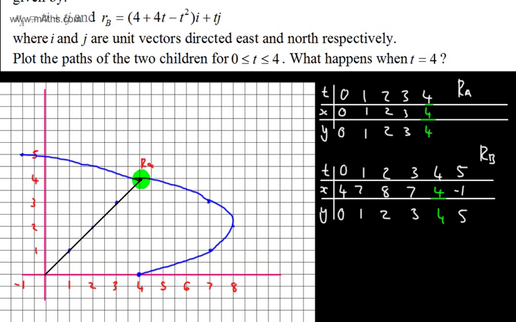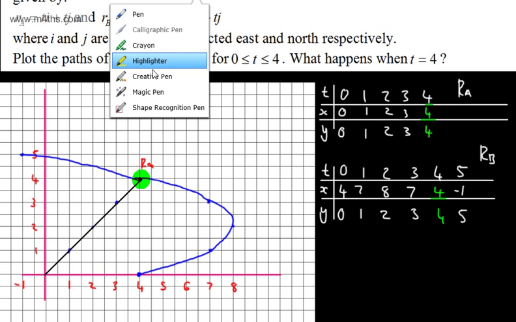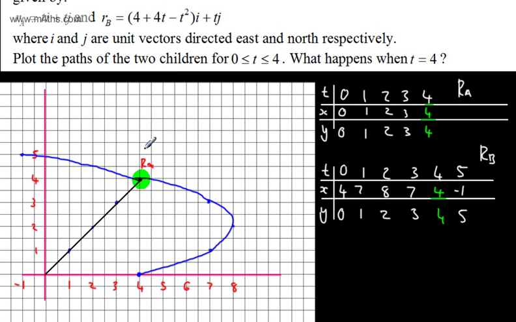You might get a nasty question on an exam asking you about who had the fastest average velocity, and the fastest average speed. If that question does come up, let's just change this back over. If we look at the path now that this one has followed, we've got now on here that the average velocity will be the same, because they're at this point after 4, when t is equal to 4, they're both at 4, 4.